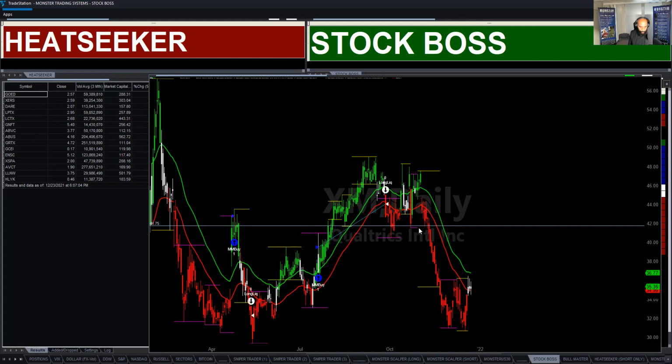And once it breaks support right here, that's the markdown phase. So this is a good lesson. For future reference, we want to be buying on the markup phase, and getting out in the distribution and markdown phase.